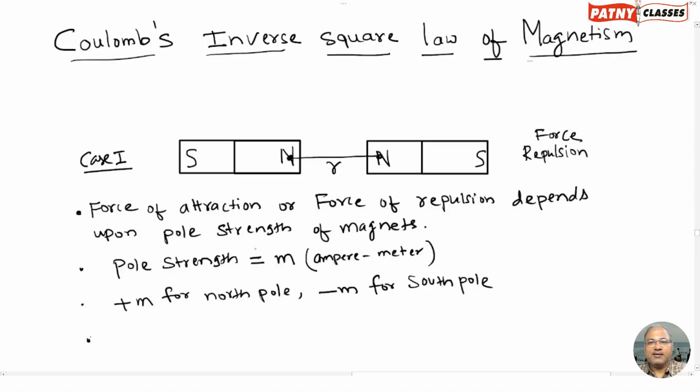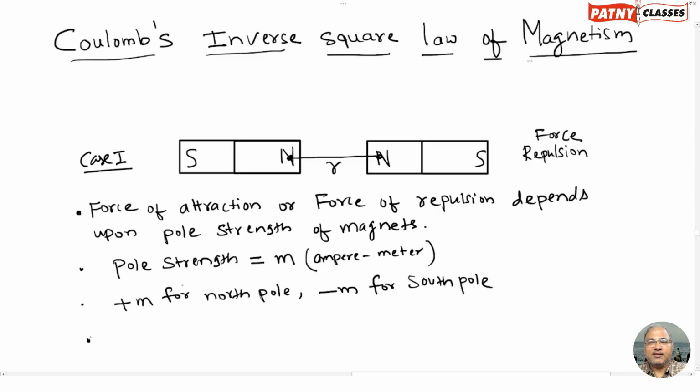According to Coulomb's inverse square law, either the force of attraction or force of repulsion depends upon the value of pole strength. And pole strength is measured in ampere-meters, and we take plus m for the north pole. Small m stands for pole strength.